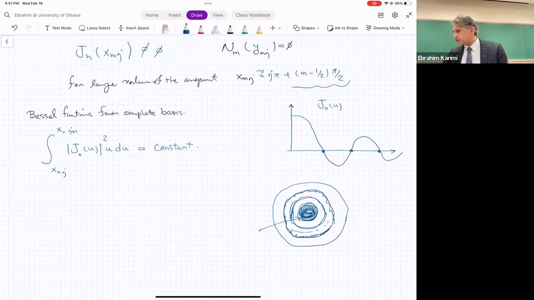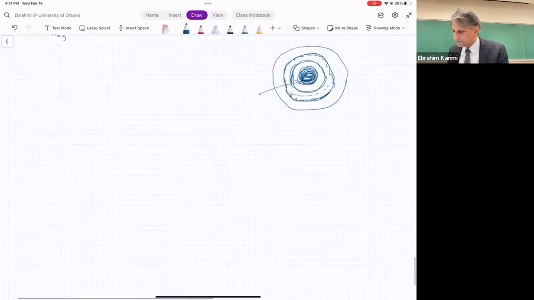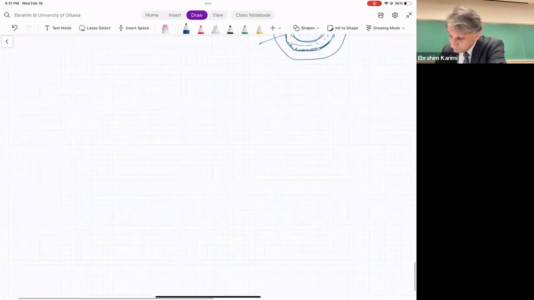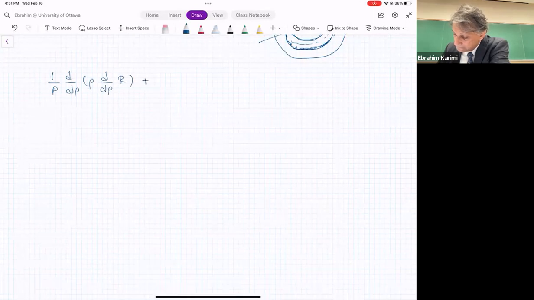I may try to prove something. I'm not sure that I will get to that point, but it's worth trying. We had the differential equation, which was 1 divided by rho d rho of rho d rho of R, plus k squared minus m squared divided by rho squared of R, equal to 0.